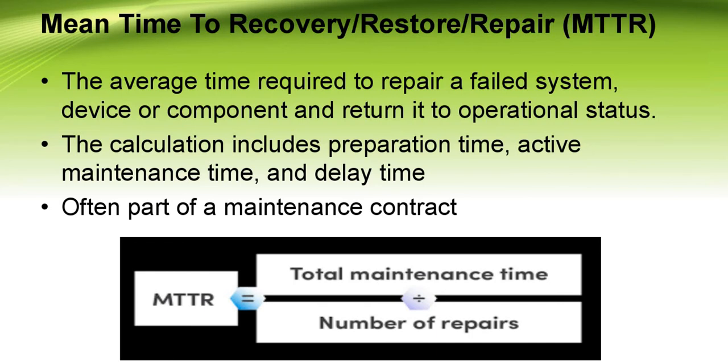Other risk calculations involve determinants like lifespan and failure rates of components. These calculations help organizations measure the reliability of a product. So you can see MTTR is total maintenance time divided by the number of repairs. This is one of the good examples.